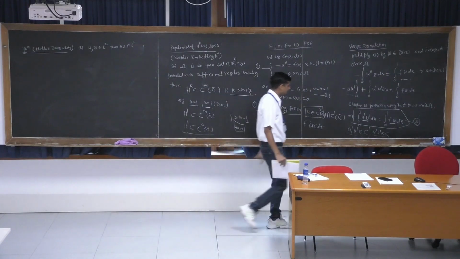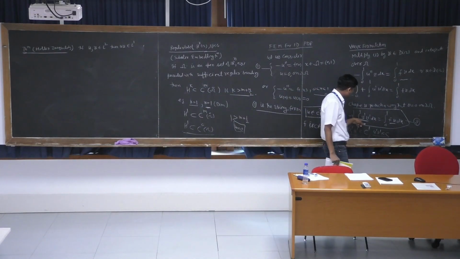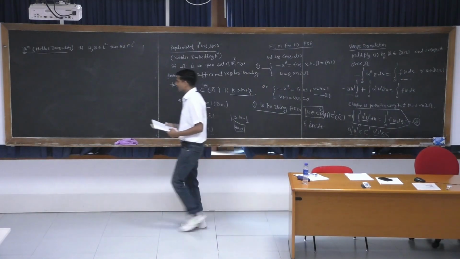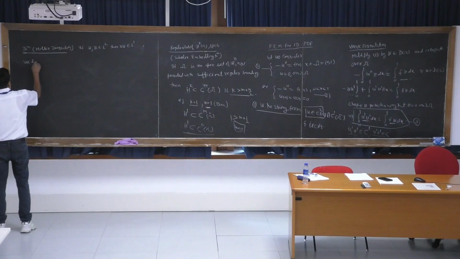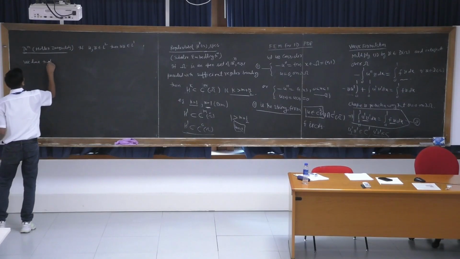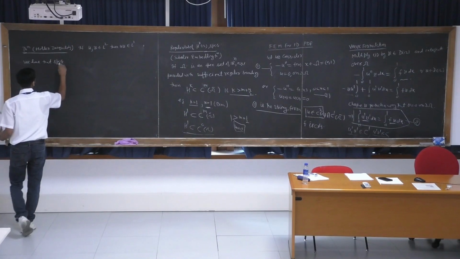So if we choose a space where u dash and v dash belong to L2 space, then their product will be in L1. L1 means this integral will be satisfied. Keeping this in mind, we have only one space. What is that space?